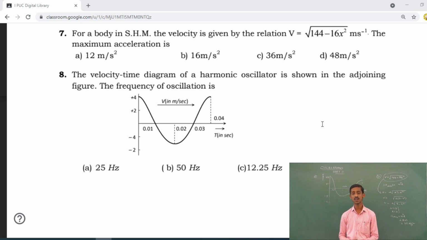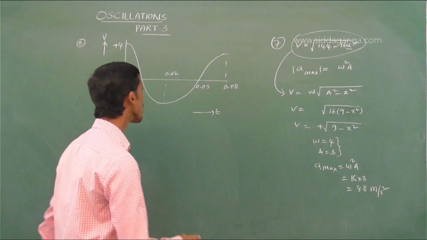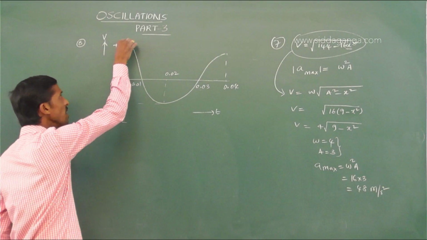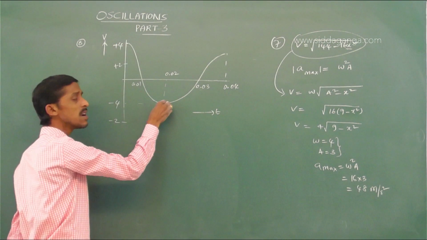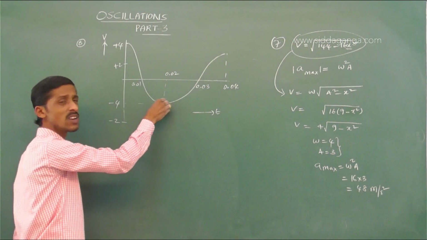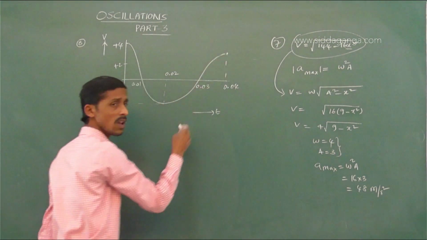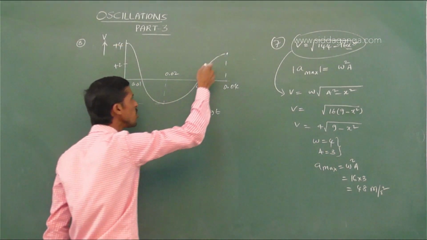What is asked is the frequency. From the graph you can see that the velocity becomes maximum, and here maximum in the negative direction. Again maximum. Now one oscillation is said to be complete.